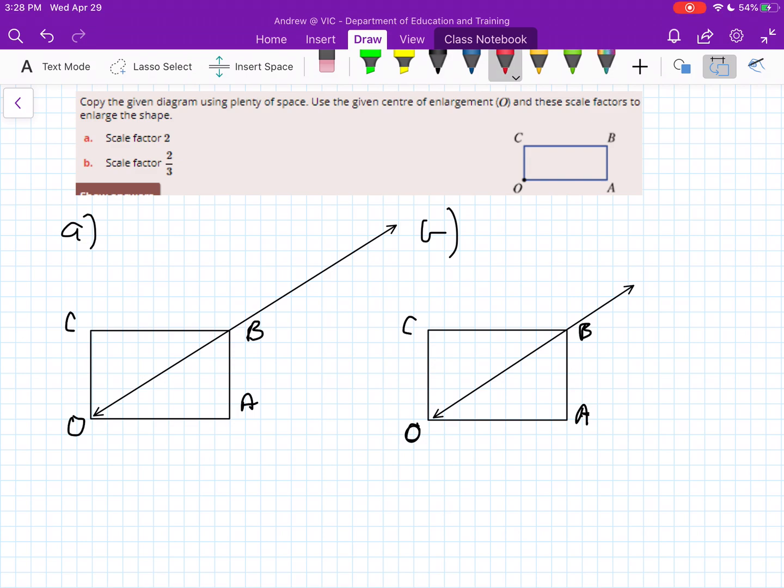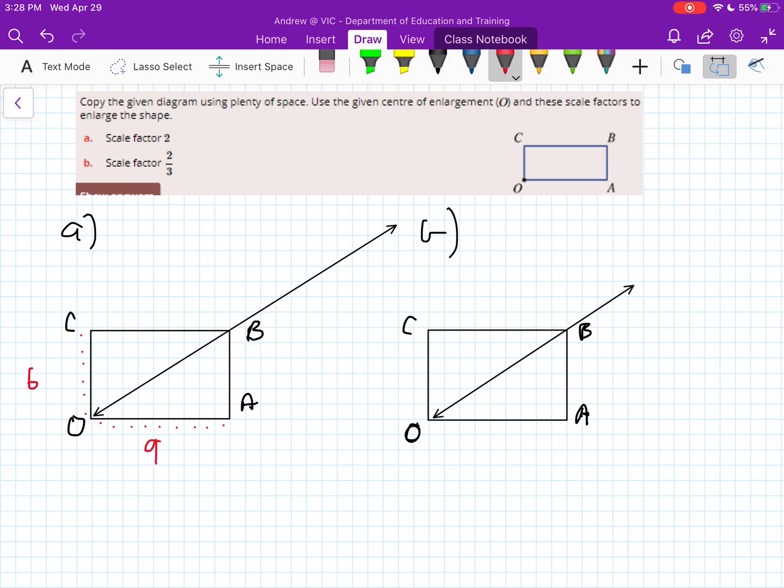So you do this with a ruler, and this is why I've got my grid. I'm just going to count how many squares I've got and measure that way. So up here, I've got 1, 2, 3, 4, 5, 6 squares this way. And 1, 2, 3, 4, 5, 6, 7, 8, 9 squares this way.